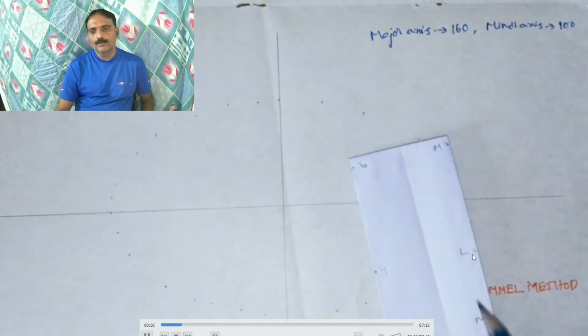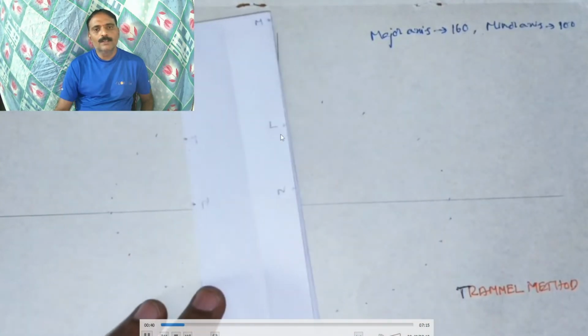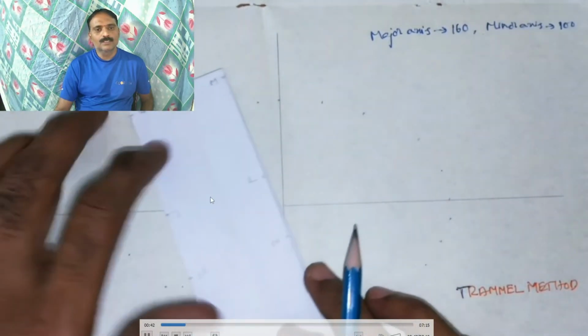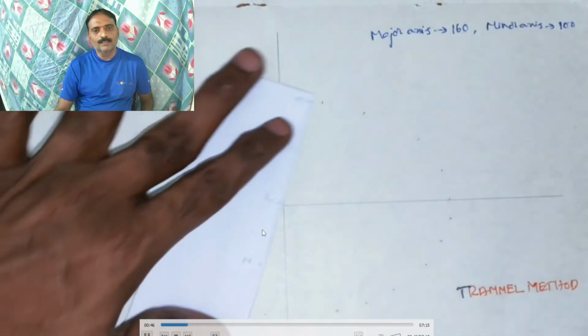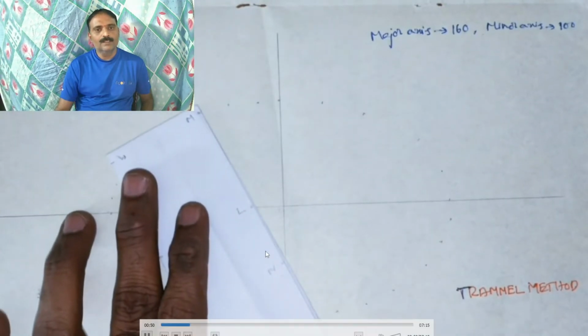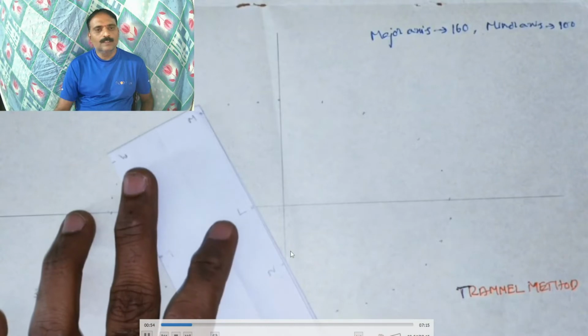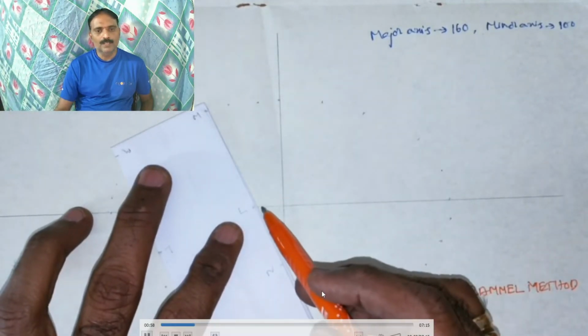Here L is the point which is to be represented on the major axis. Always L should point on the major axis and N should point on the minor axis. We have to take care that when these two coincide with the corresponding two axes, we locate the position of M at different positions of the trammel.